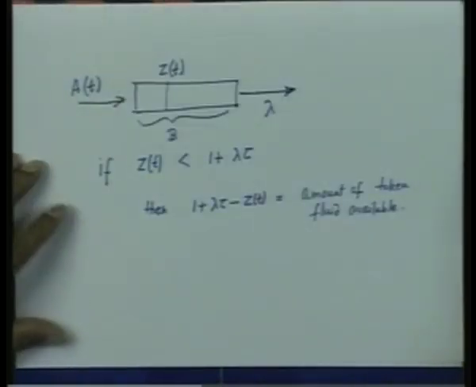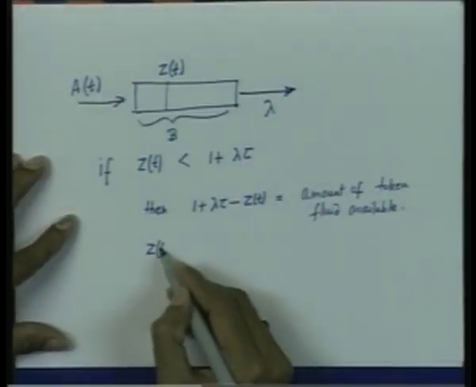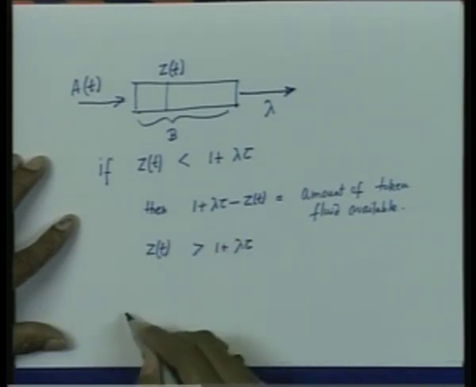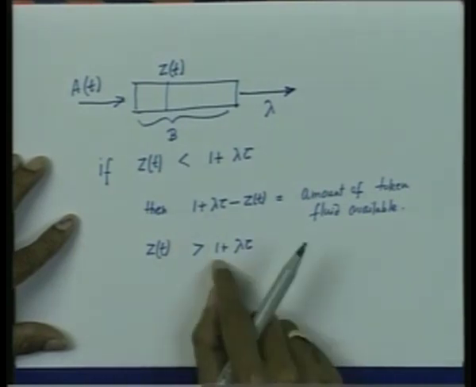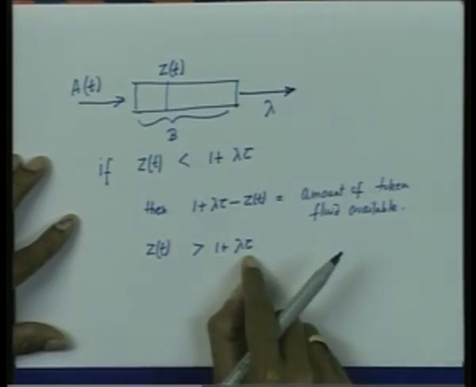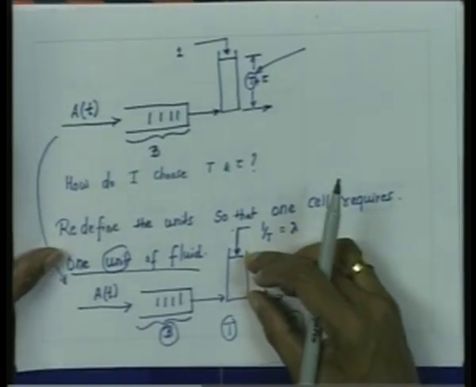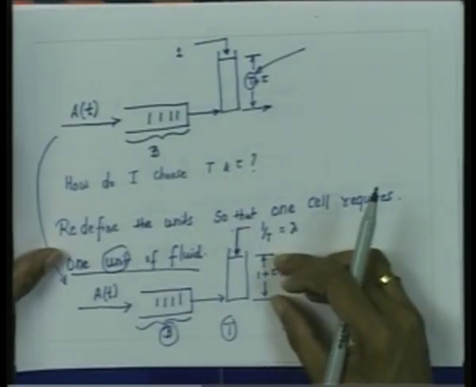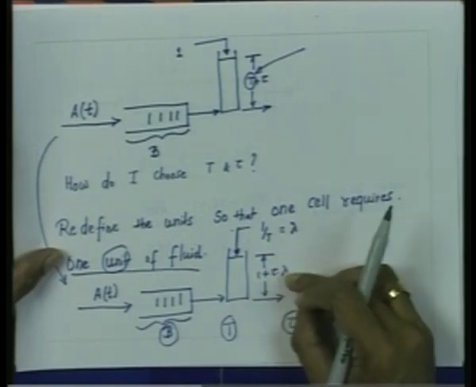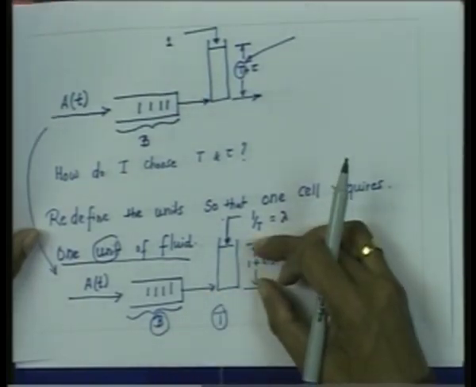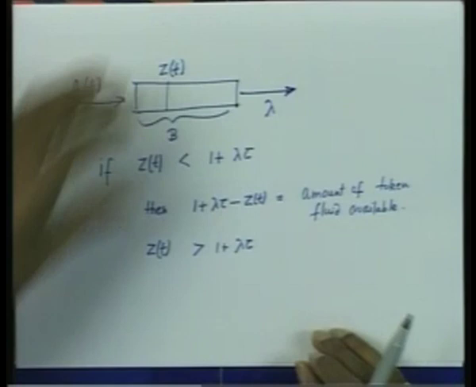On the other hand, if Z(t) is greater than 1 plus lambda tau, that means the backlog is greater than 1 plus lambda tau. In this case, the maximum amount of cells which can be transmitted at a time should be equal to 1 plus lambda tau, because each cell requires 1 unit of fluid, and therefore only these many cells can be sent out.